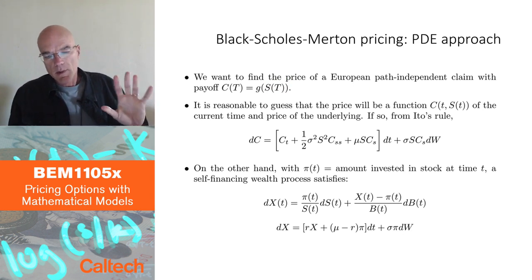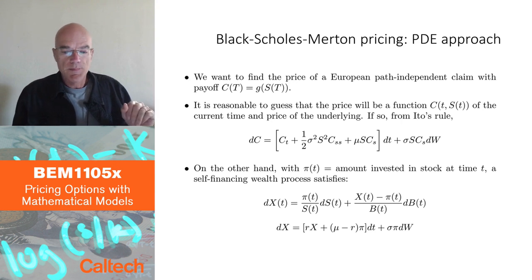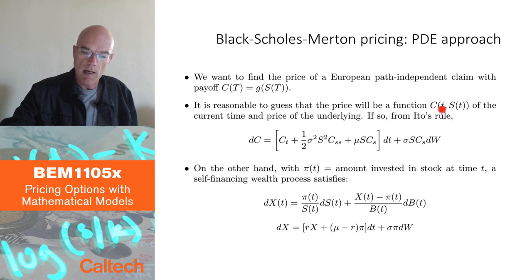I'm going to make some guesses, some conjectures, and then we will check that those guesses are correct. So the first thing we will guess is that the price will be a function. So the price at time t is going to be a function of time. In fact, maybe better to say time left to maturity, but it's a function of time, and a function of the current stock price.